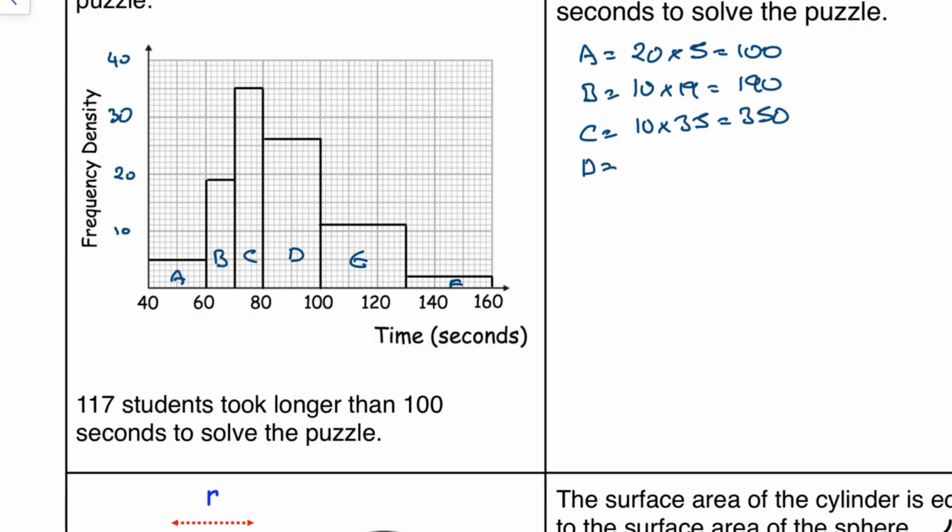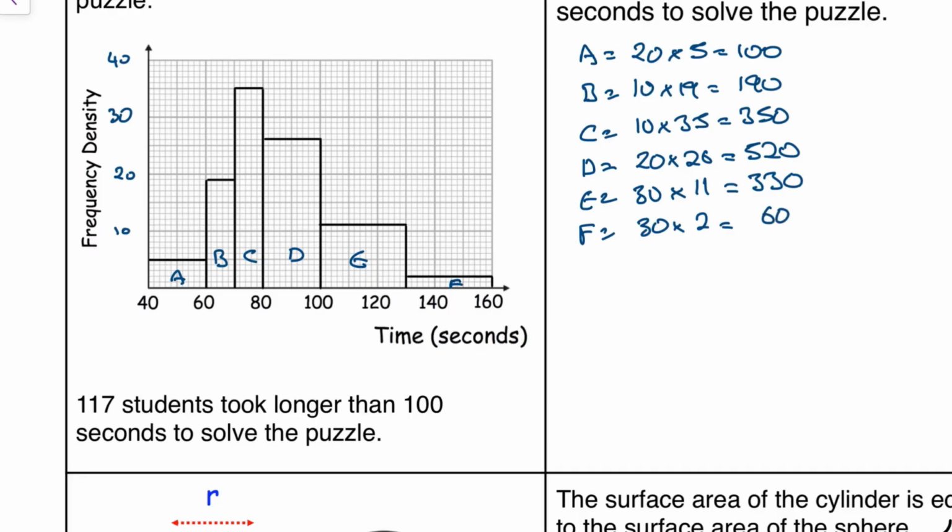D is equal to 20 times 26, which is equal to 520. And then I've got E is equal to, that's 30, isn't it? So equal to 30 times, what a question, 11, which is 330. And F is equal to 2 times 30. Let's do the same way around. So 30 times 2, which is 60. Let's leave that like that.